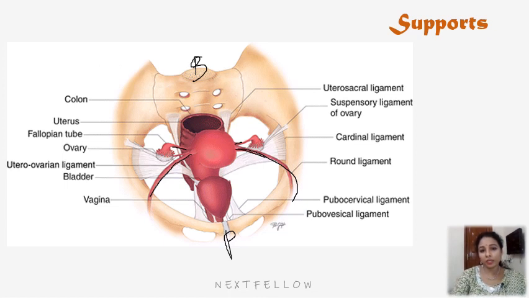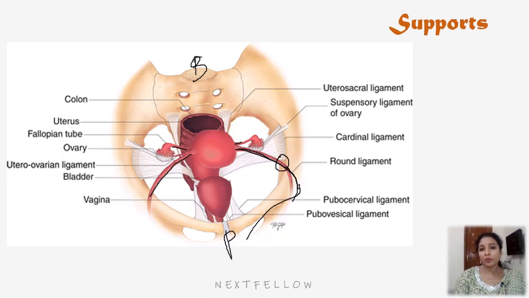Then it enters the deep inguinal ring, and after winding round the lateral side of the inferior epigastric artery, it traverses the inguinal canal and emerges through the superficial inguinal ring.